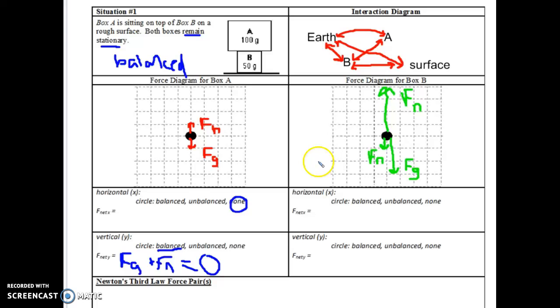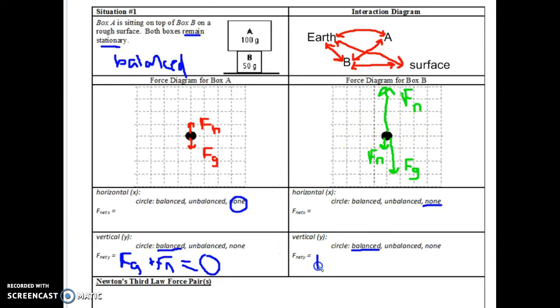All right, let's take a look at object B. Horizontally, so left and right, again, I have no forces. Vertically, up, down, object B is still stationary. It's still at rest, so that means I'm going to have balanced forces. And this is why I selected the number of boxes that I did in my force diagram.